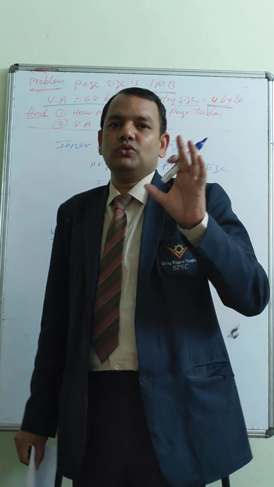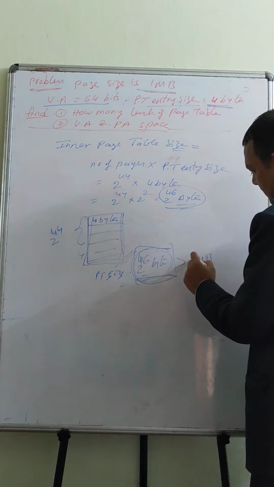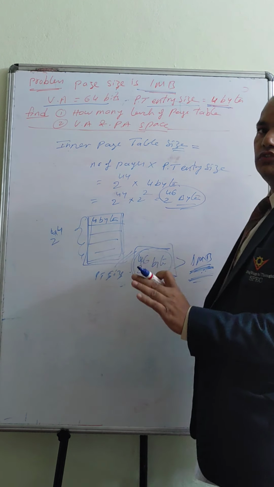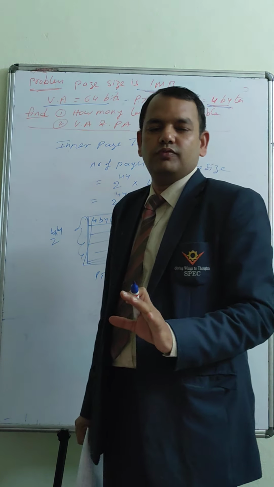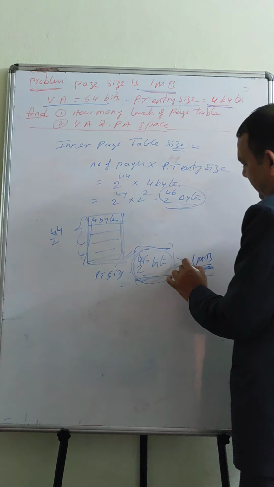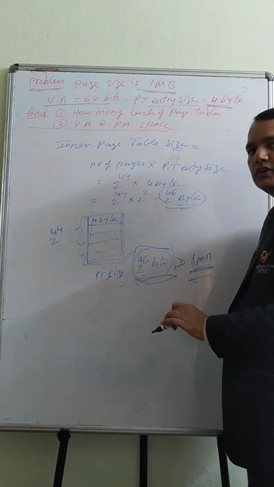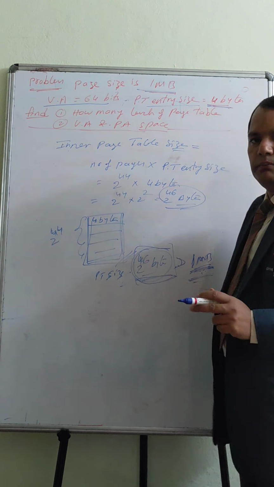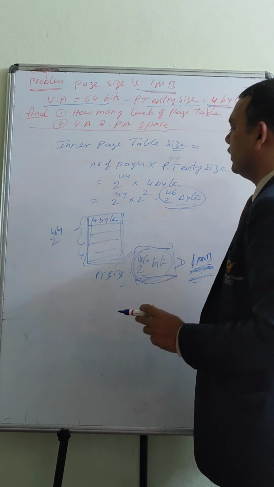If the page table 2 size is less than 1 MB, then the 2-level paging will stop from that point onwards, because if the page table size is less than 1 MB, we can store it in the 1 MB space in a particular frame. Understood?